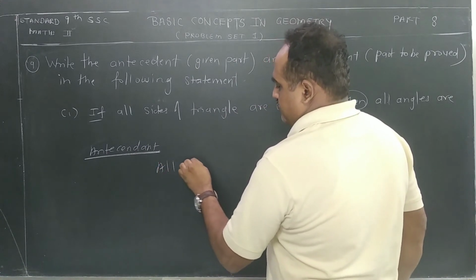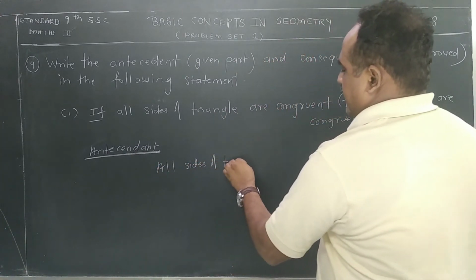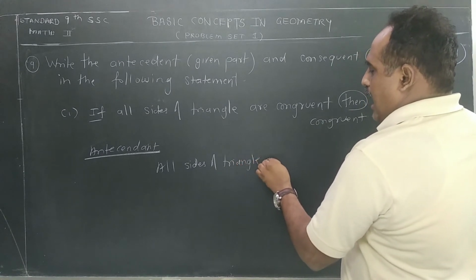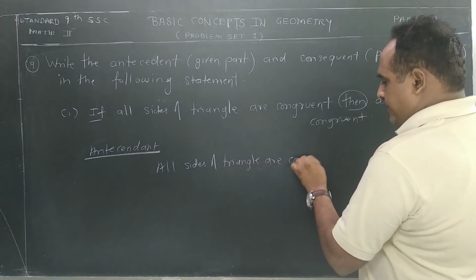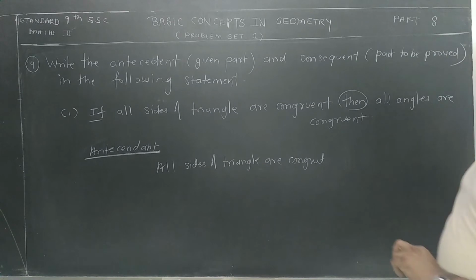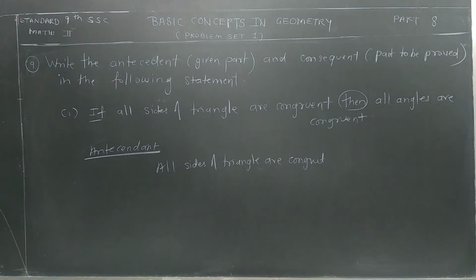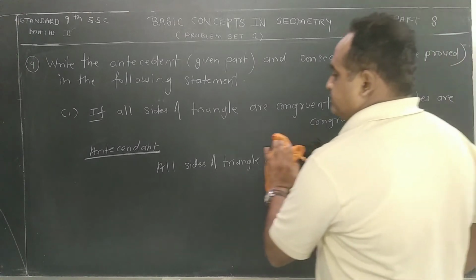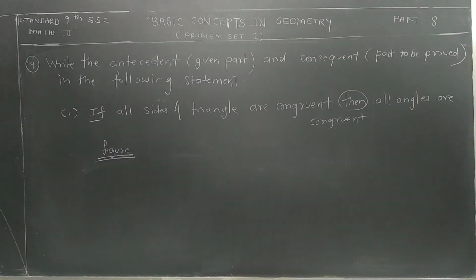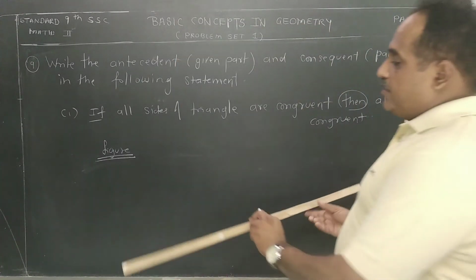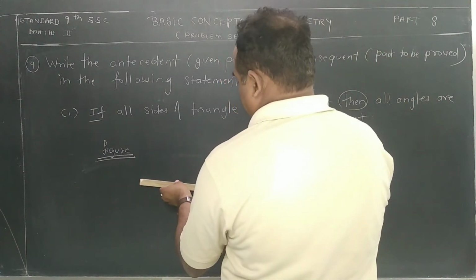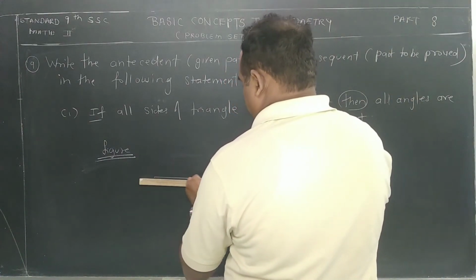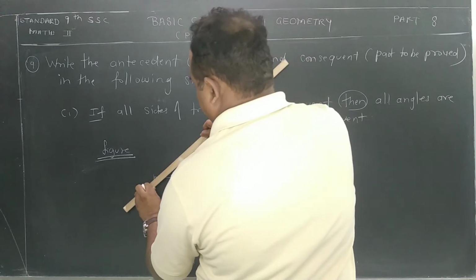The statement is: all sides of a triangle are congruent. Or you can do one thing: you can draw a figure and show it. So I will draw a triangle with all sides equal.